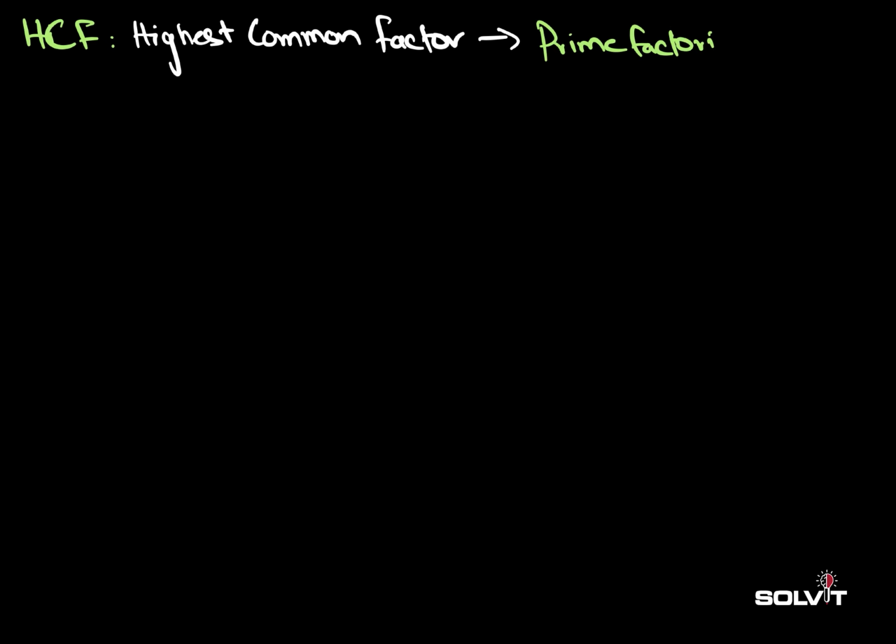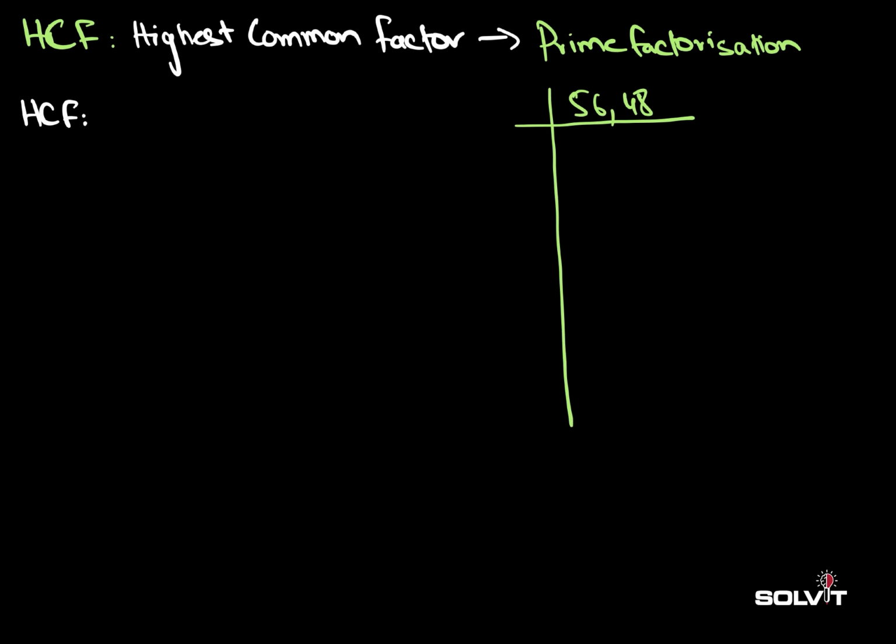Let's suppose if I tell you to solve the HCF of 56 and 48. Okay, so now let's just look at how we do it by using prime factorization. So we will start prime factorization of both the numbers till the point where they are divided by the same number.